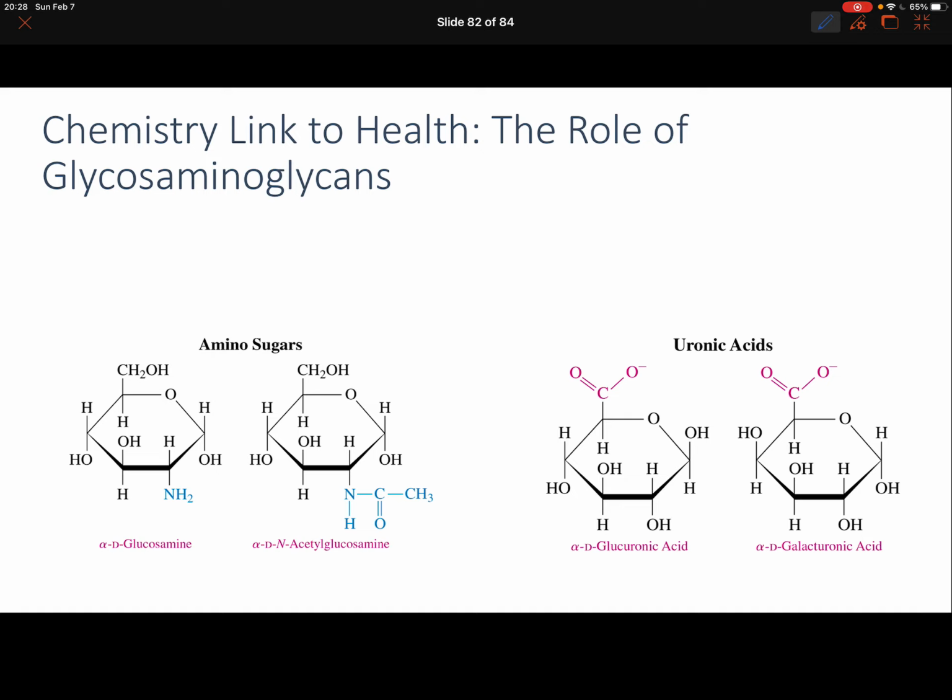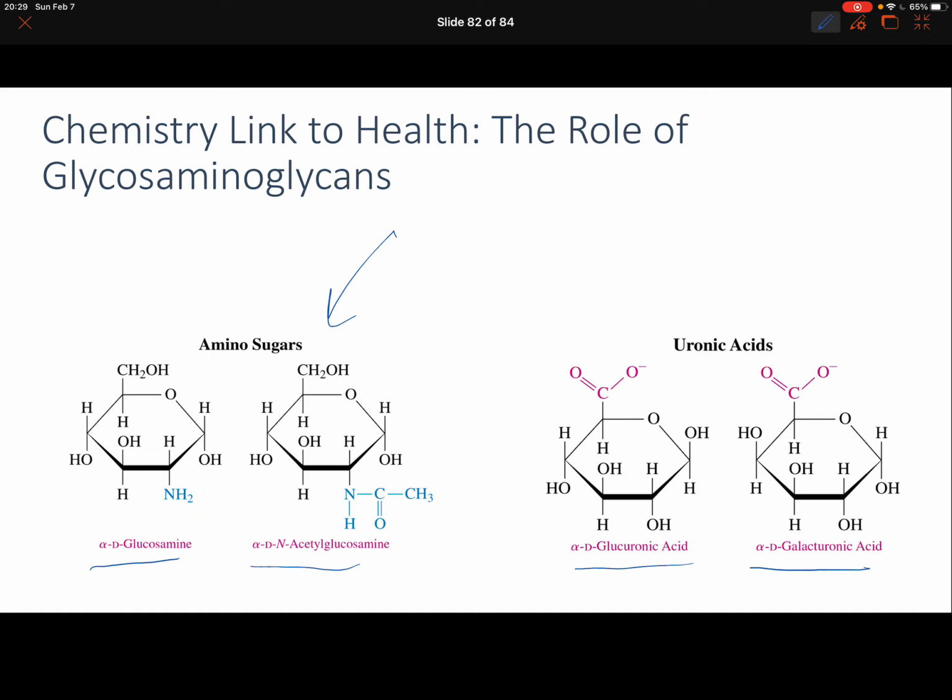One is an amino sugar. These are the amino sugars here. So there's alpha D-glucosamine and alpha D-N-acetylglucosamine. And then one molecule of either uronic acid or a galactose molecule. It looks like uronic acids are just sugar molecules that have been oxidized.